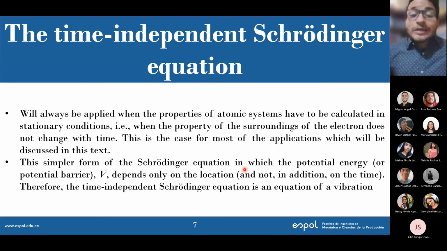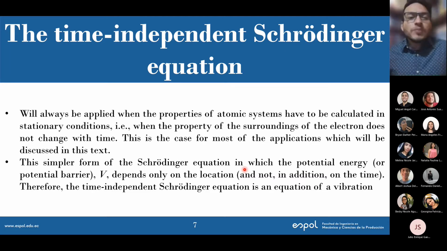Okay, so we're going to start with the previous equation I showed, the time-independent Schrodinger equation. When are we going to use this equation? When we want to learn about properties of atomic systems in stationary conditions. So that means when the system of atoms is really stationary.